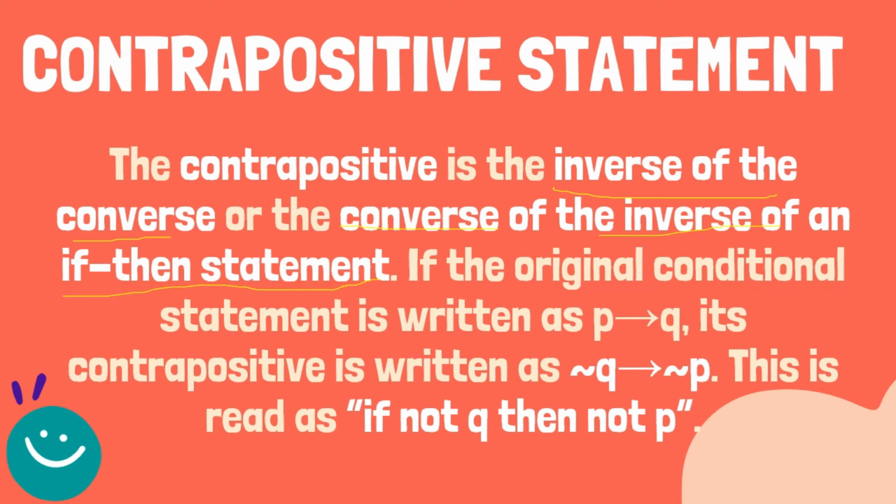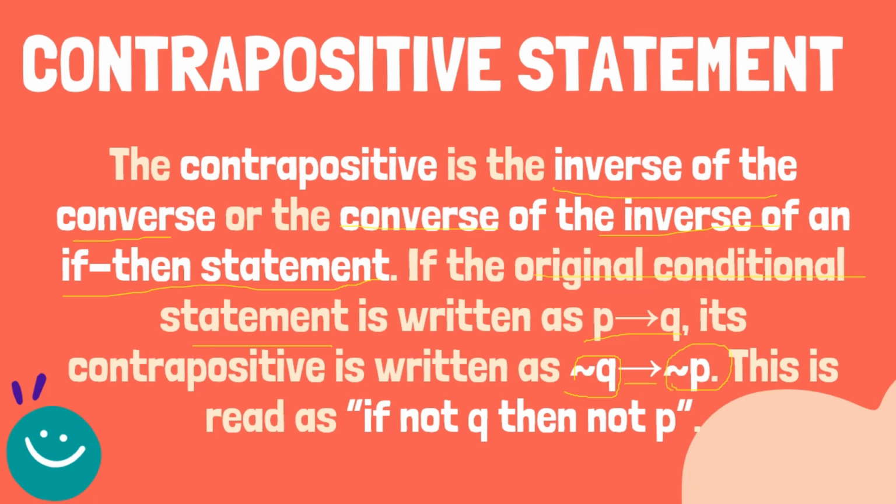So, para hindi mahirapan, always look for the pattern or for the symbol. Now, take a look at the original conditional statement. The original conditional statement will always be written as P arrow Q or P implies Q. Then, its contrapositive will be written as not Q, arrow, not P.